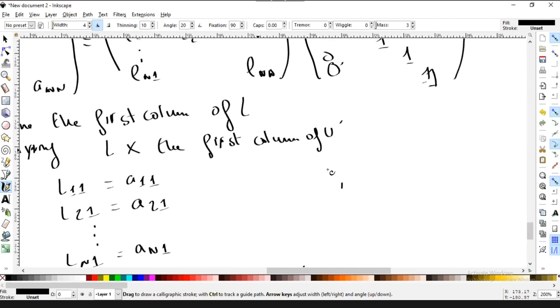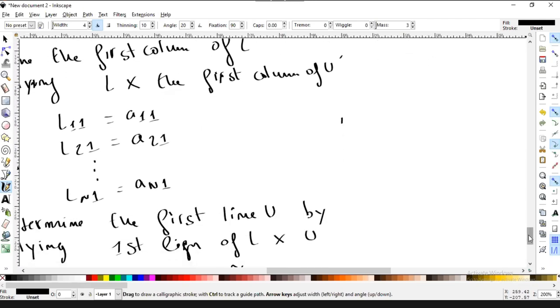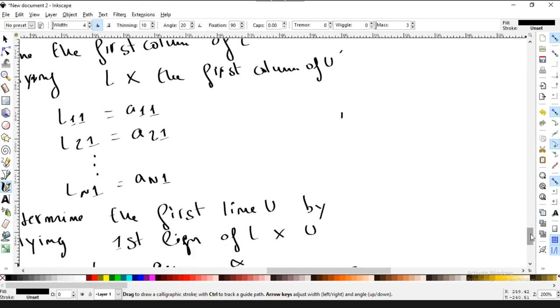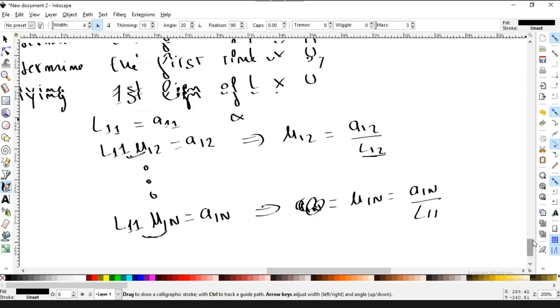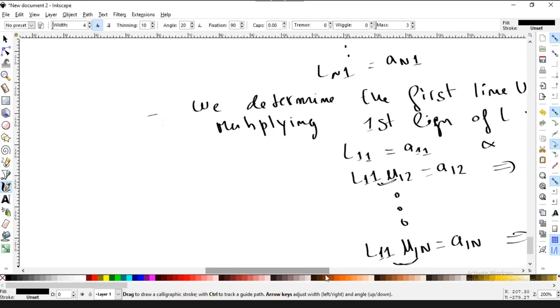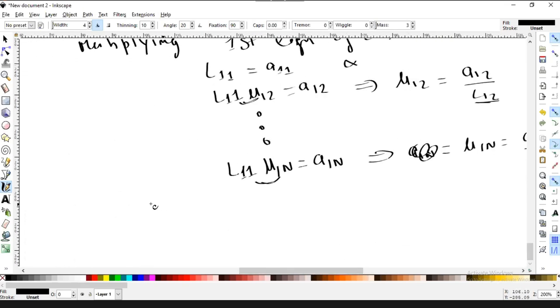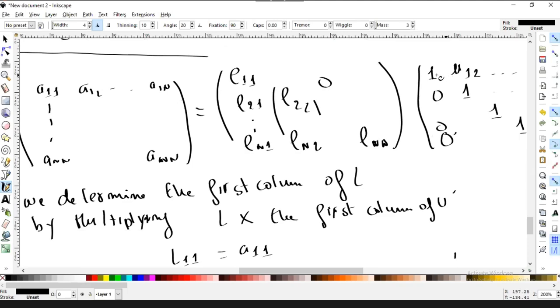So L by the second column of U, and then the first line of L by U, the second line of L by U. So this was the first step: I determined the first column of L and then the first line of U. Now I will determine the Ln2, these coefficients, by multiplying L by the second column of U. The first step I determined this column and this line.